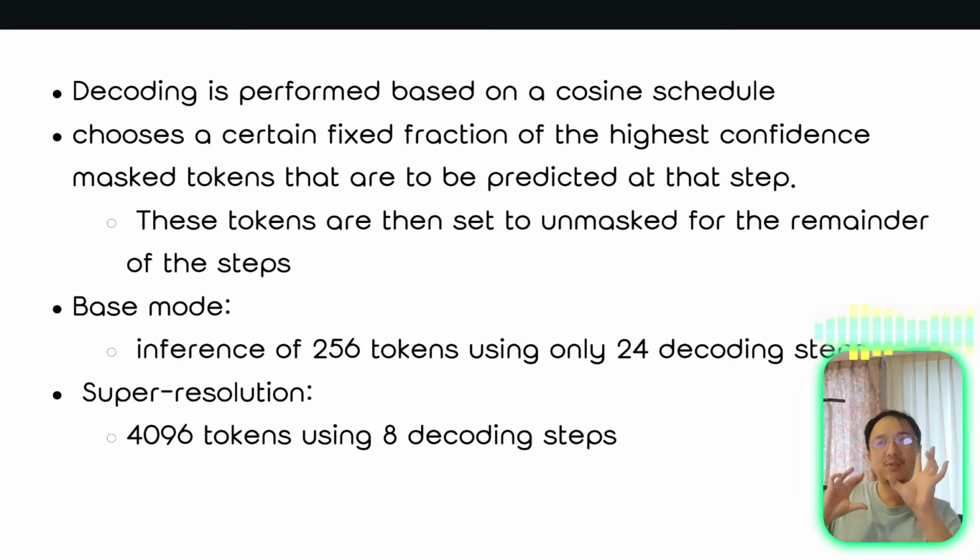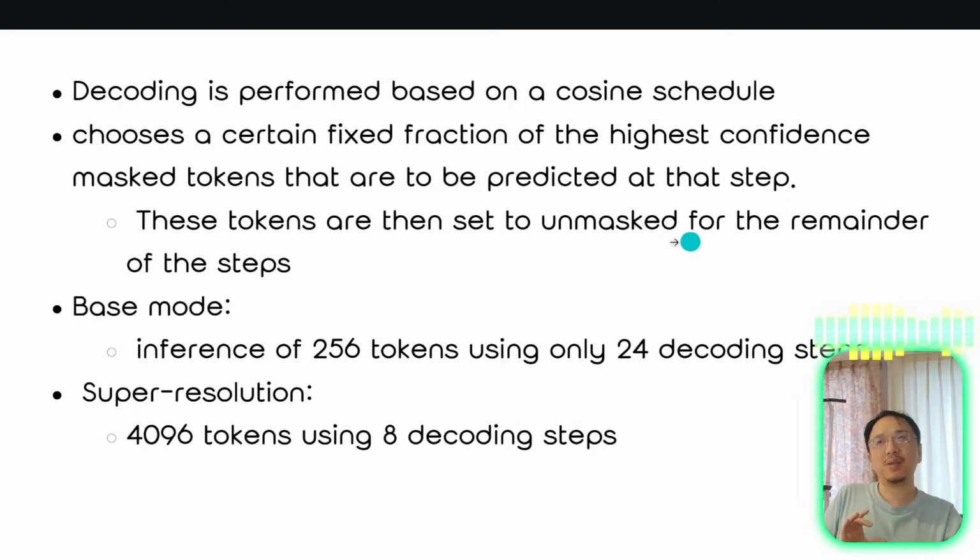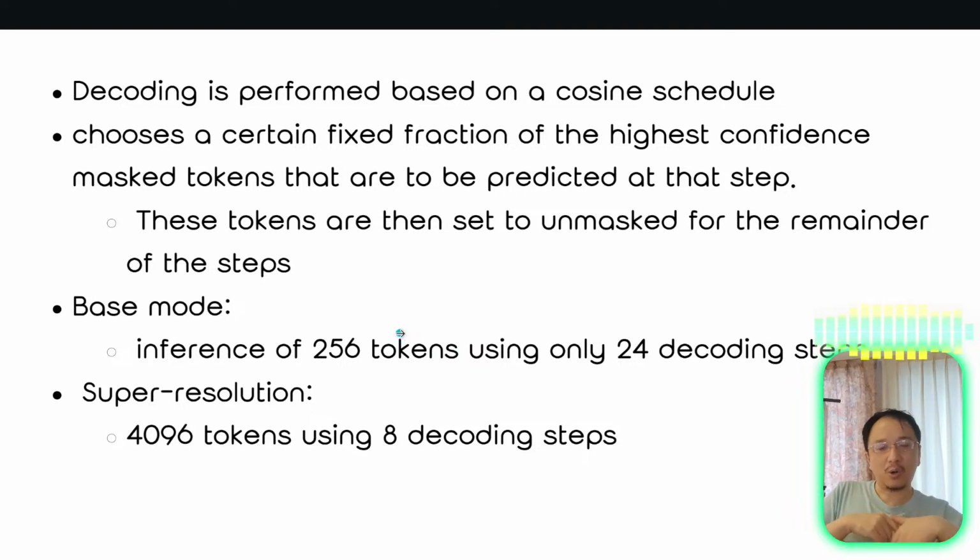So there is a fixed fraction of the highest-confidence masked tokens at each step. They predict some tokens at the first step, then keep those predictions fixed and predict the next round, and so on.